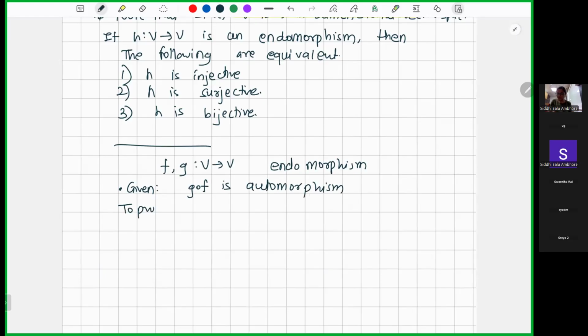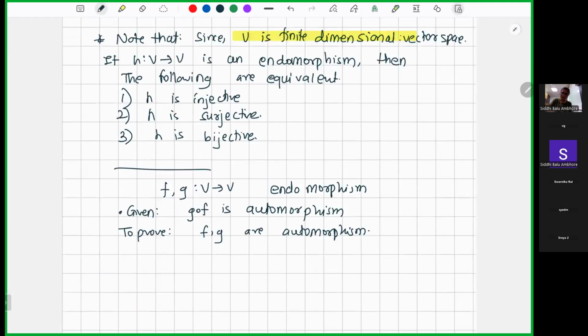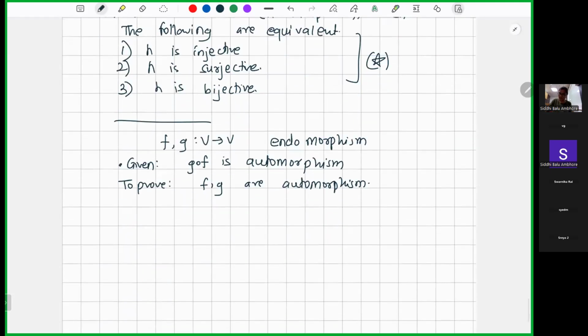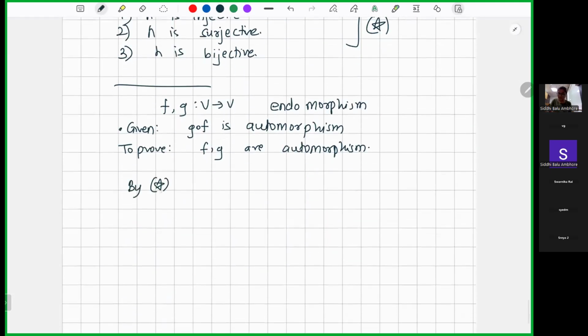To prove that F and G are automorphisms, if I call this star, by star it is enough to show that F is injective and G is surjective.